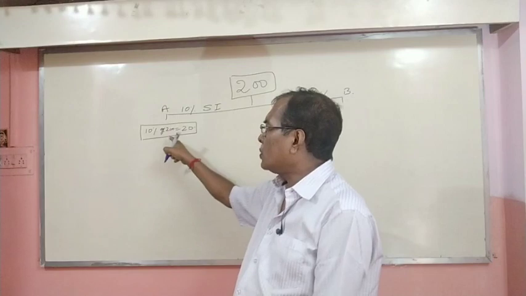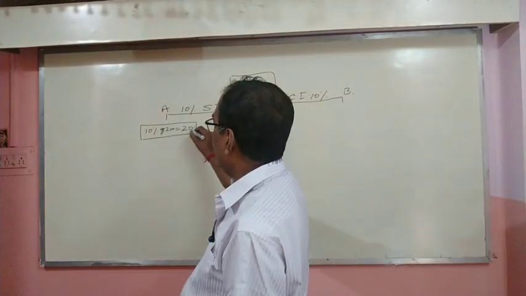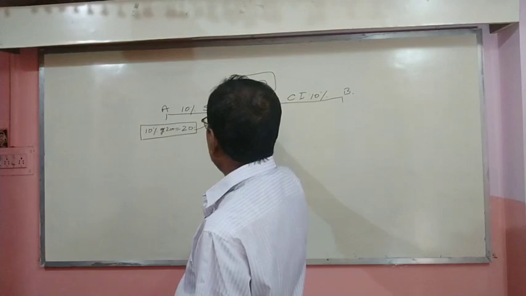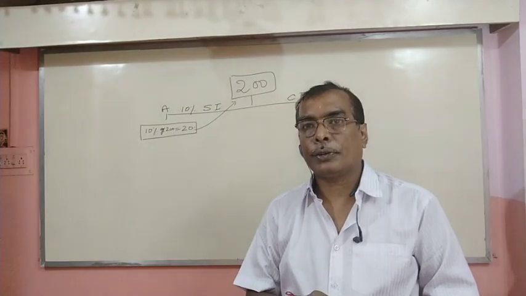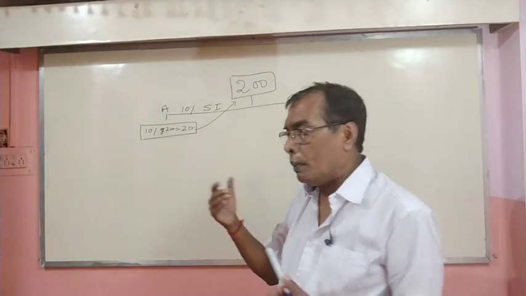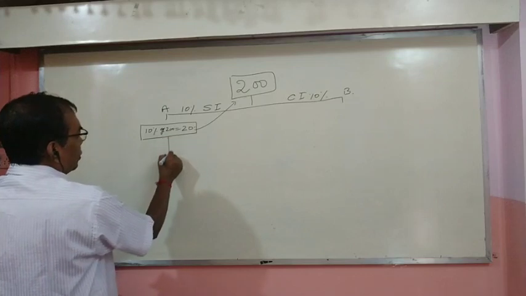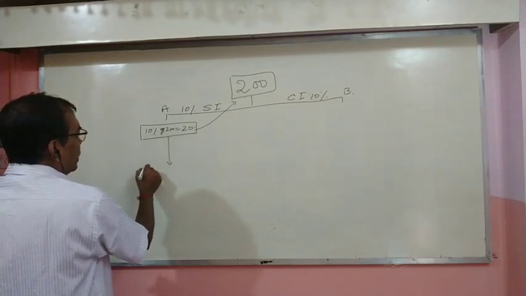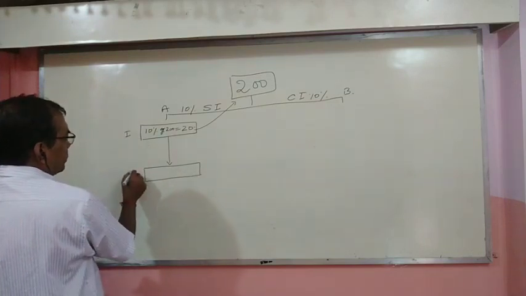Now this person is going to return this 20 rupees, whatever interest is coming, to me, because it is simple interest. So the loan on that person is again 200 rupees, and with this 200 rupees he goes for the second year. This is the first year, this is the second year.